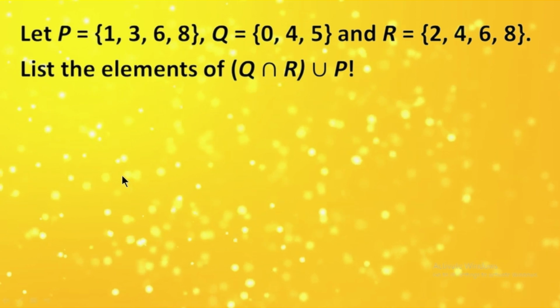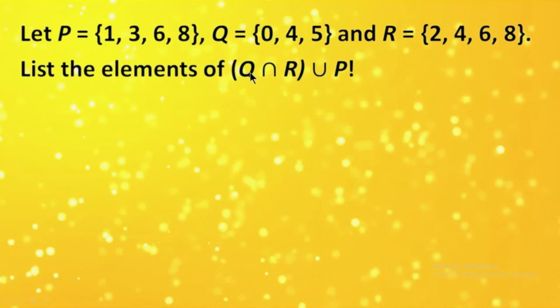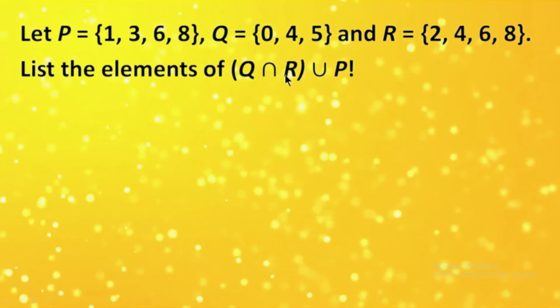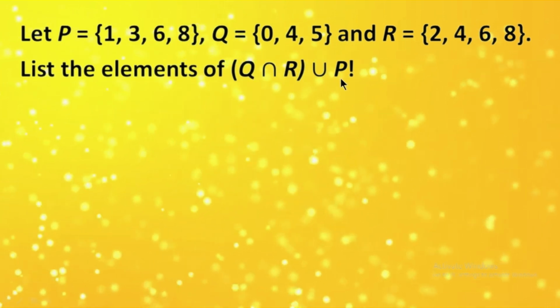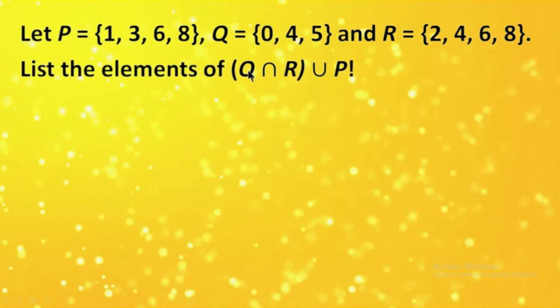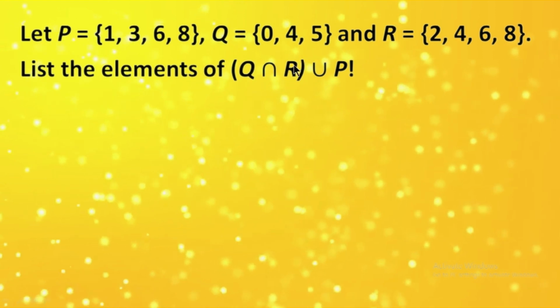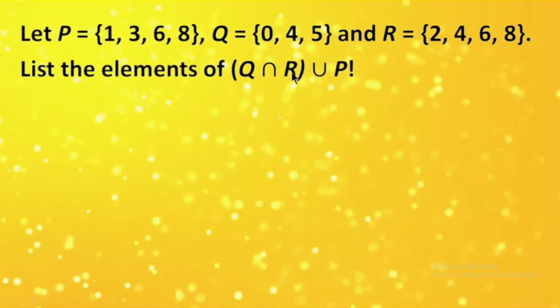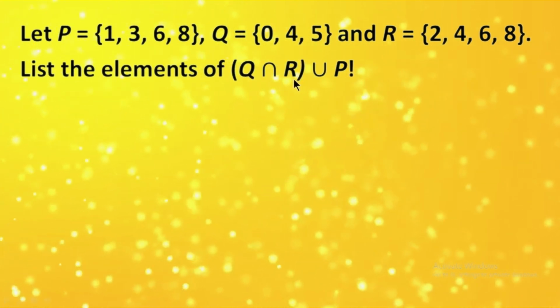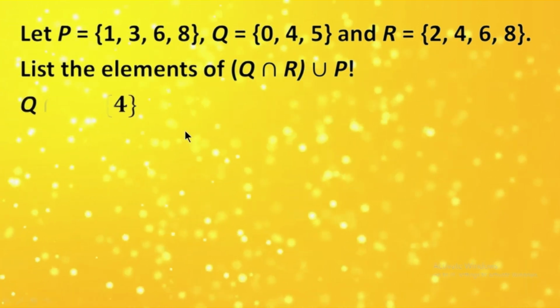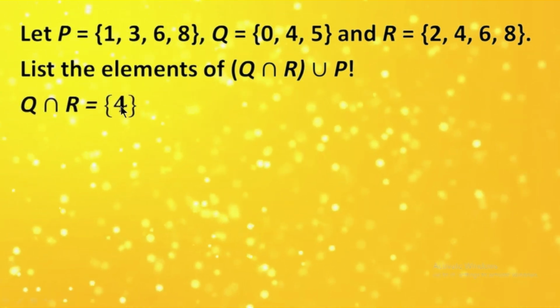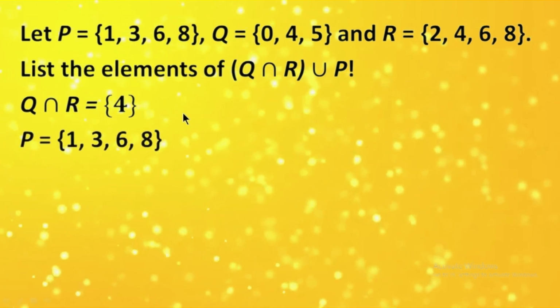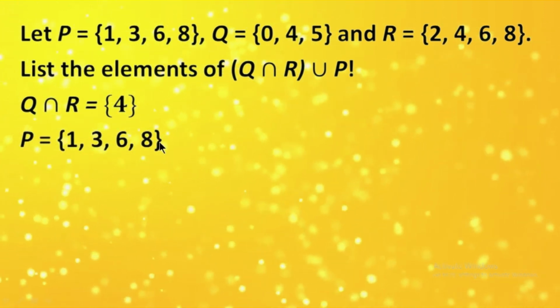Next, list the elements of Q intersection R, union P. Because Q intersection R is inside the bracket, that means you need to find the elements of these two first. We have found that Q intersection R is actually 4, and then we know that the elements of P are 1, 3, 6, 8.